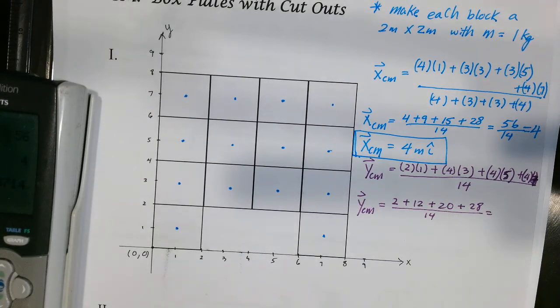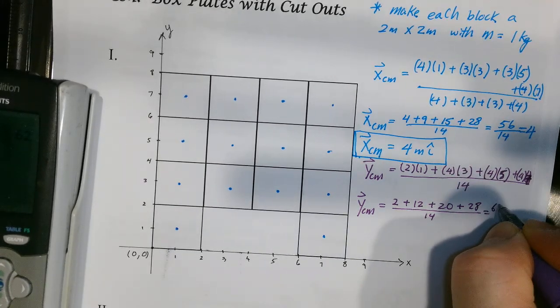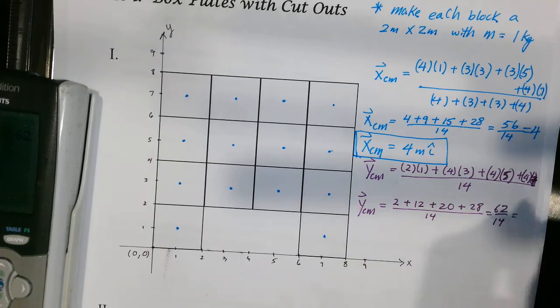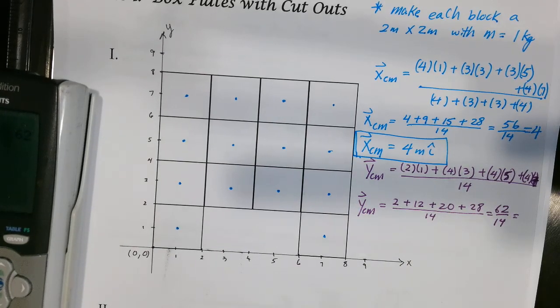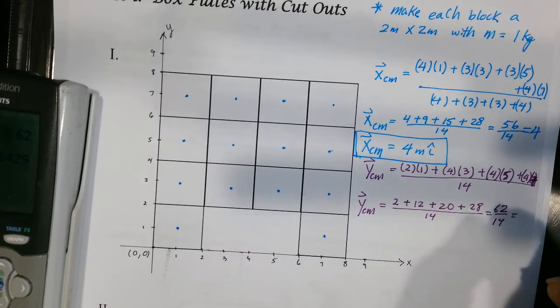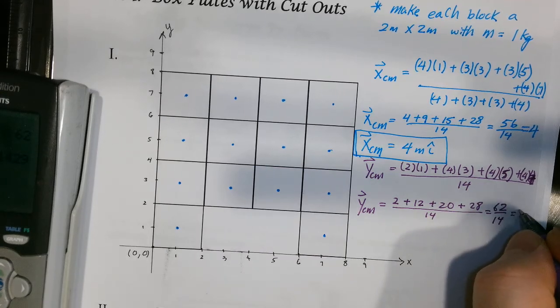So 34 plus 28, and we get 62 over 14. And that is equal to 4.43.